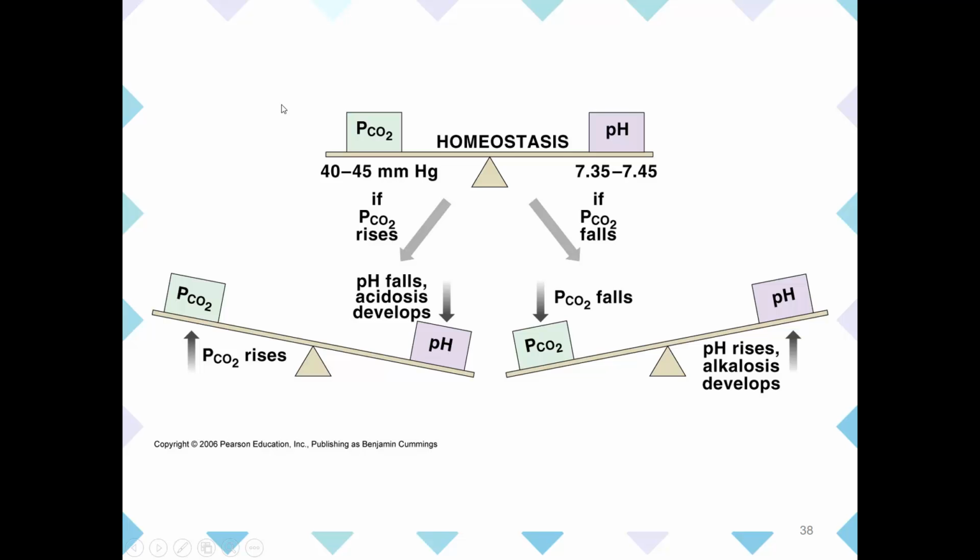Now, this is an older version of this figure. This is the way this figure used to appear in a previous edition of the textbook. And I like it a little bit better because it's a little bit simpler. So they're saying if the CO2 rises, then acidosis develops because this shifts it to the right and there's too much hydrogen ion, the pH goes down.